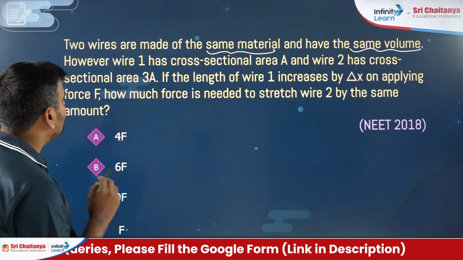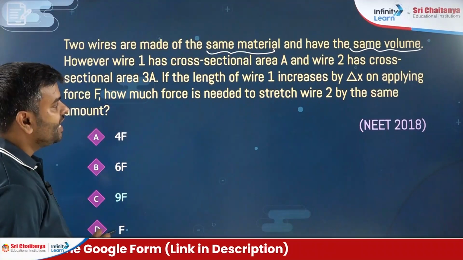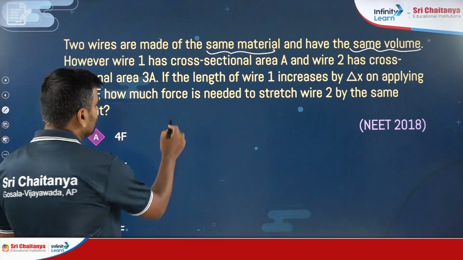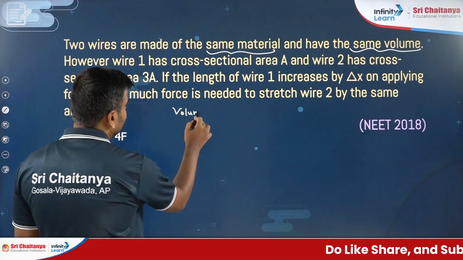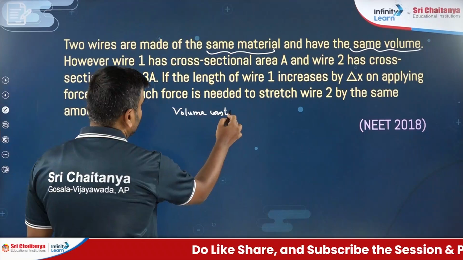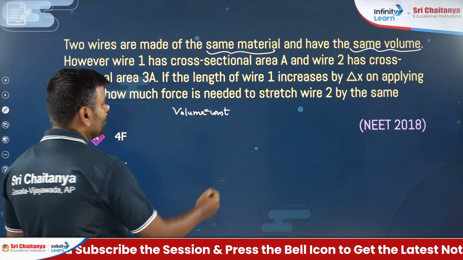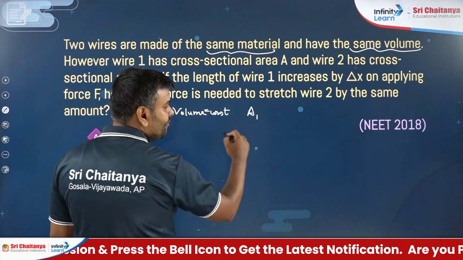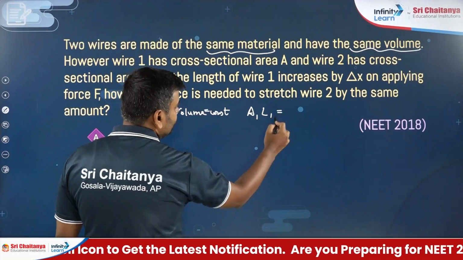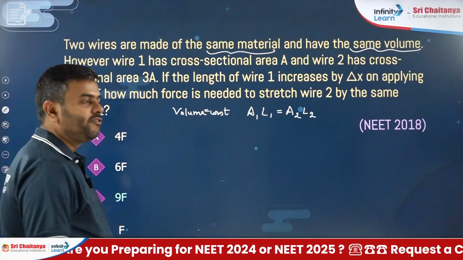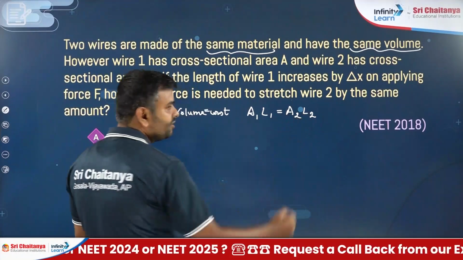However, wire 1 has a cross-sectional area A and wire 2 has a cross-sectional area 3A. So we know the volume is constant. So when volume is constant, in that particular situation we can take area of first into length of first equals area of second into length of second. From there we can try to establish a relation between the lengths.